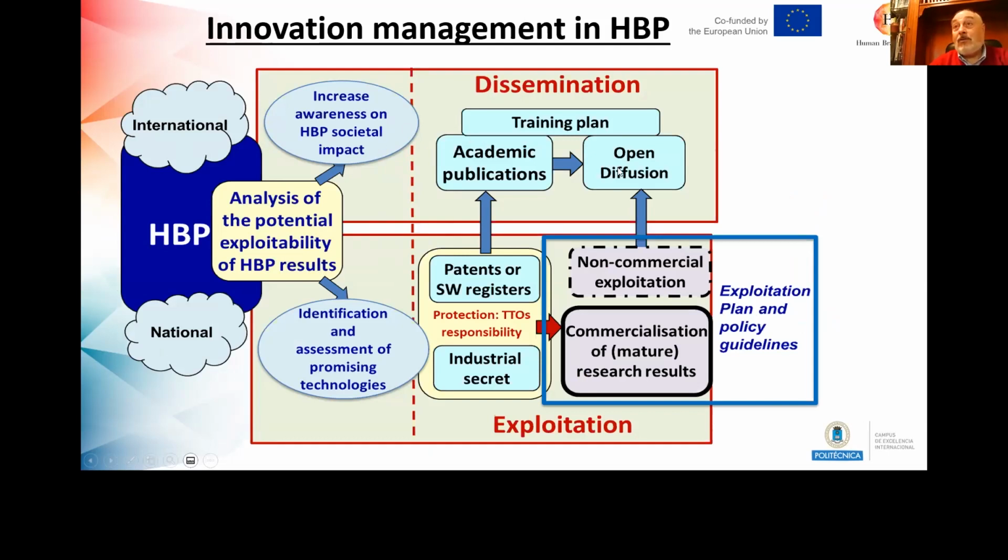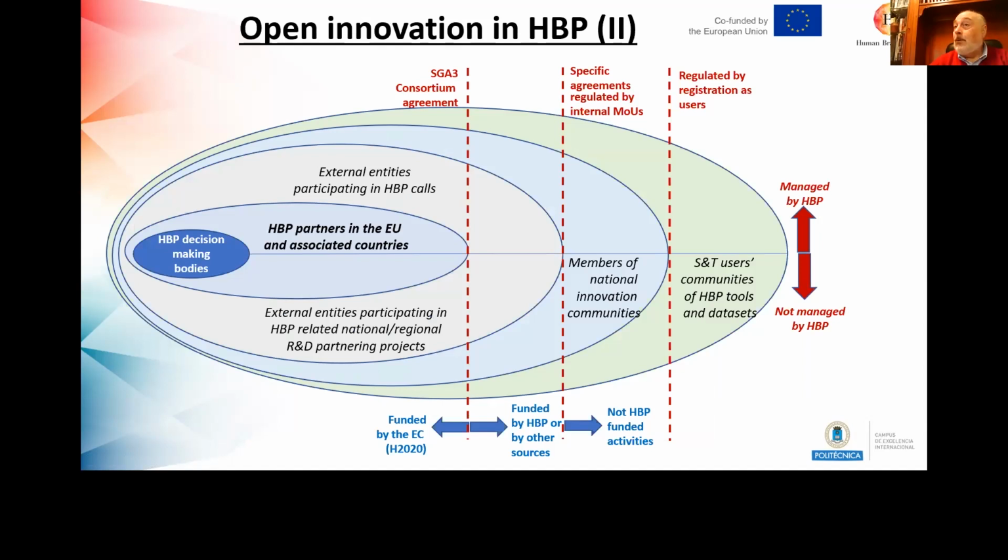In some cases, it's just through dissemination, training plans, academic publications, open diffusion, things like that, or by protecting the results and then entering into the commercialization of research results, which is the analysis we are doing at this moment with the exploitation plans that you have prepared. Obviously, innovation is a very important element here, because don't forget that at the end, we need to offer an added value to the market.